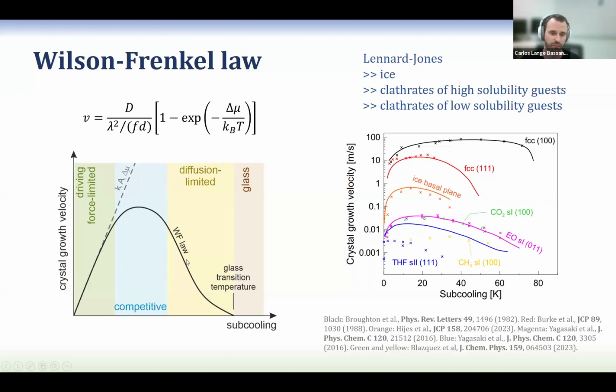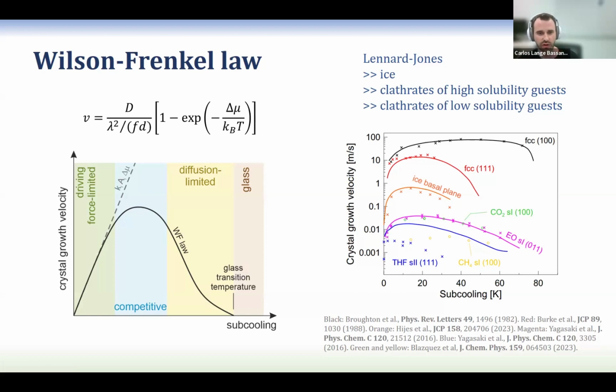But if the subcooling is very high, the temperature slows down and diffusivity goes down, and it starts limiting growth. And there will be a point where the growth is completely hindered, and that's the glass transition temperature. There will be a certain driving force where things cannot move anymore, and all the atoms will get stuck and form a glass. It will form an amorphous material.